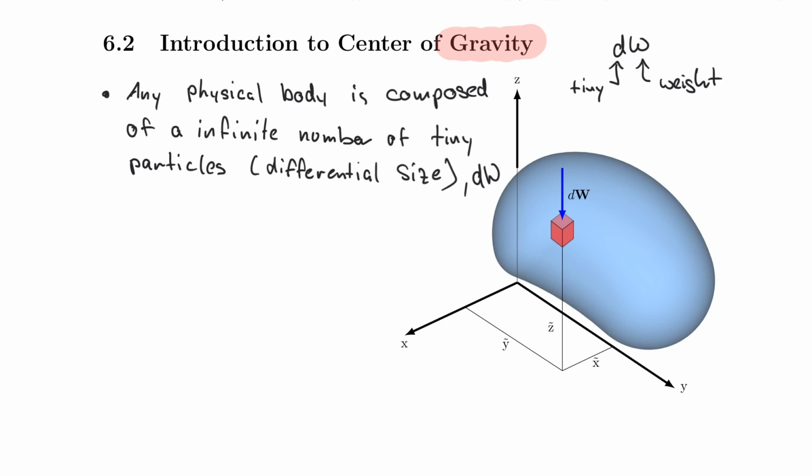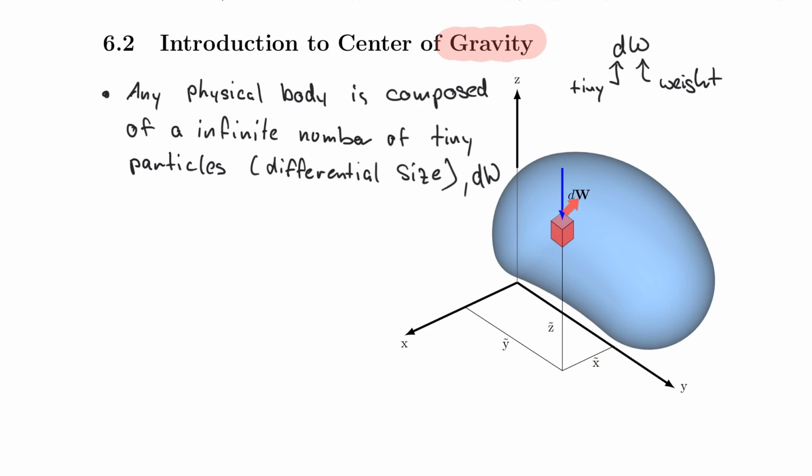The next observation comes also from this picture here, and we see that this dW, which of course exists many, many times, but dW has a distance to the origin of the coordinate system. And this distance is not randomly named like this. It is actually called x tilde, y tilde, and z tilde in the respective coordinate direction. But please note that it's a tilde.